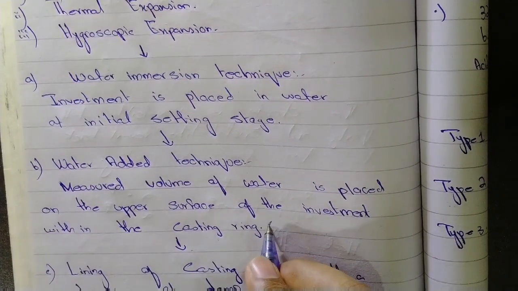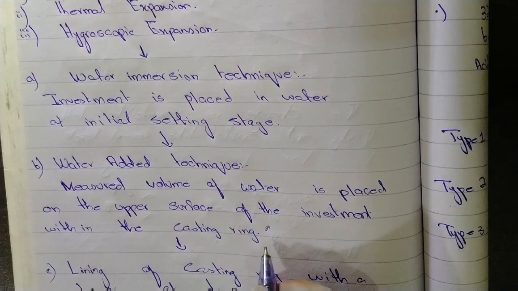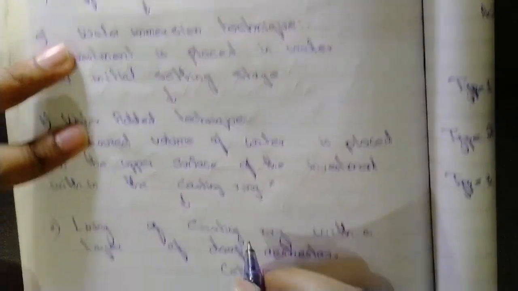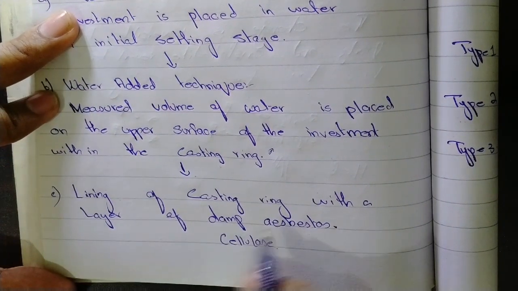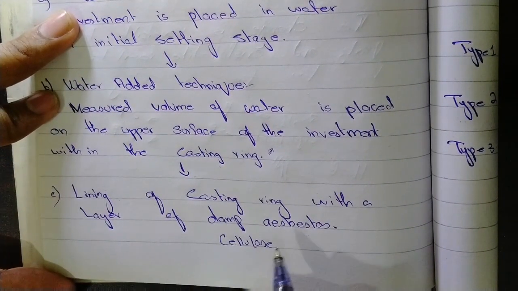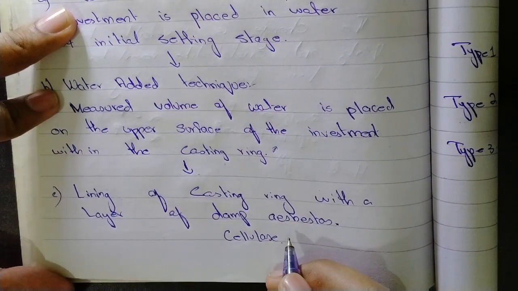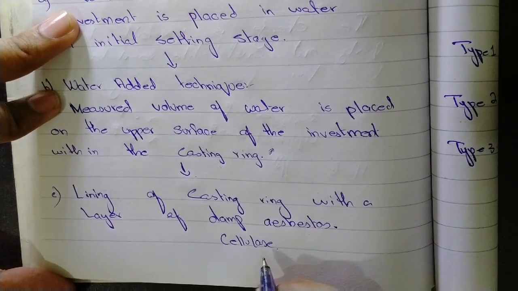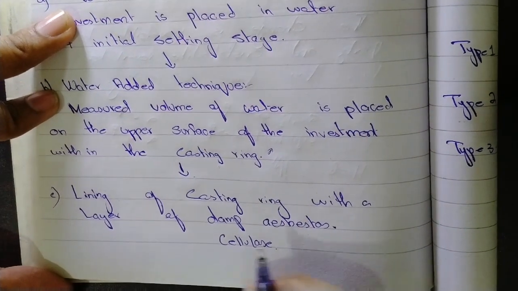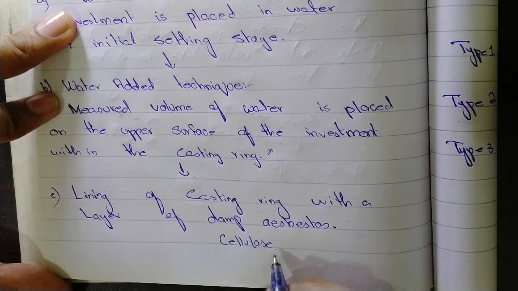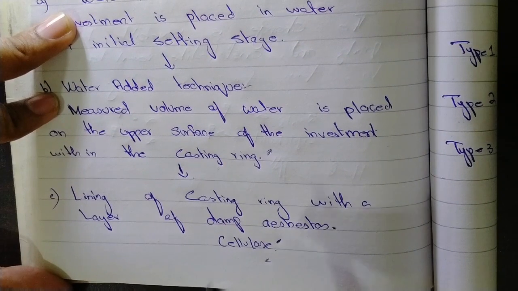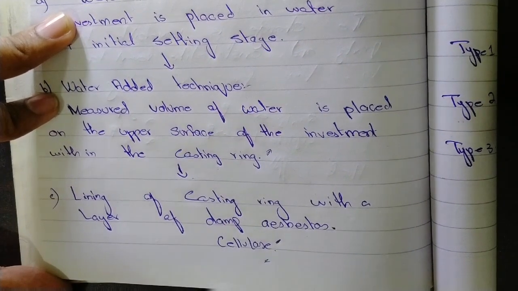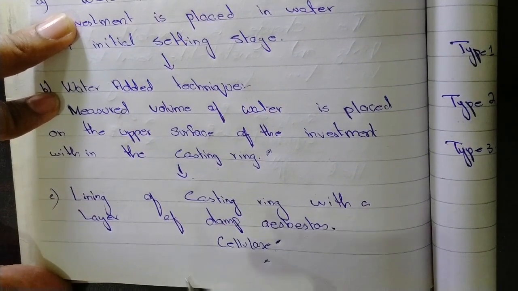It will help the investment to undergo hygroscopic expansion. And thirdly, we line the casting ring with a layer of damp asbestos. Now the asbestos liner is not used because of its side effects. Instead of asbestos, a cellulose casting ring liner is now used to promote hygroscopic expansion in investment materials.